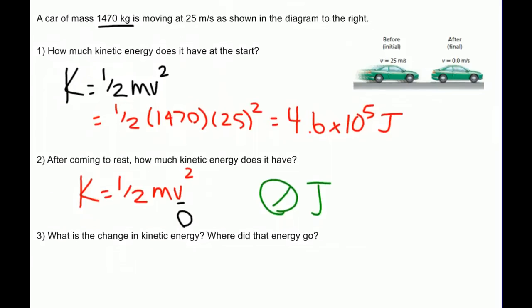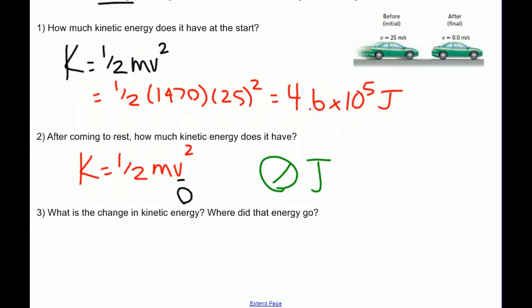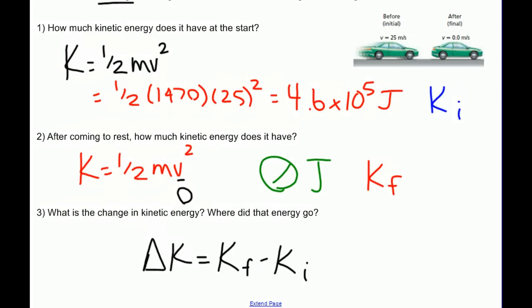The third question, what is the change in kinetic energy and where did that go? Well, if this is our final kinetic energy and this is our initial kinetic energy, then our change, delta K, is given by K final minus K initial, which is equal to negative 4.6 times 10 to the 5th joules.